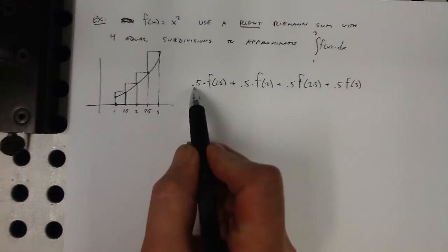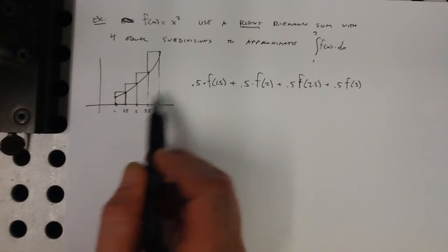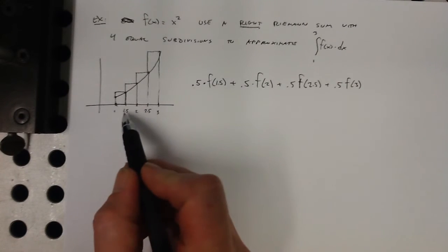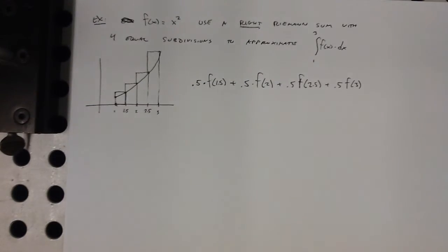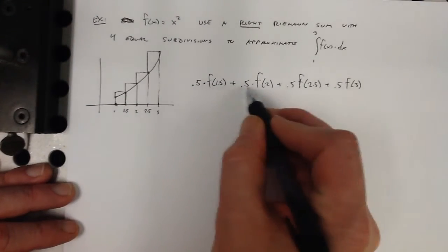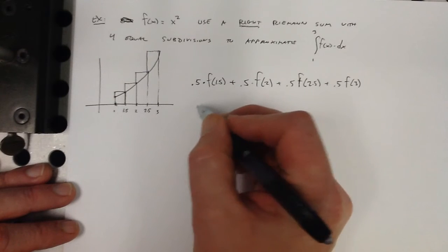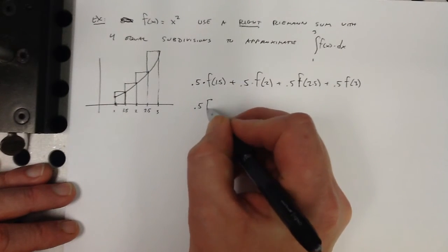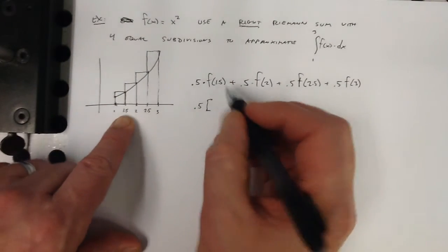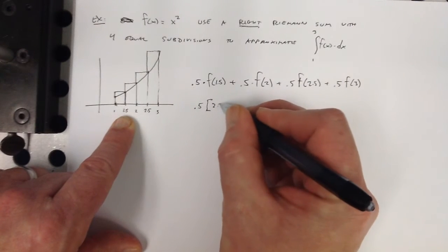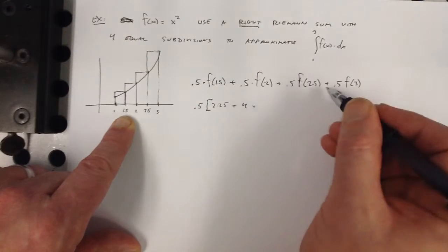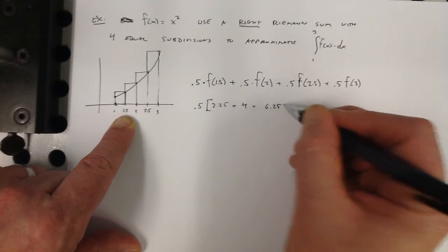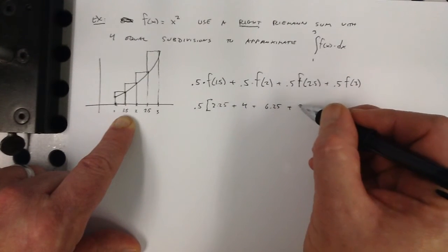That's how wide each rectangle is, and we're using the right edge of each interval to plug into the function to figure out how high each rectangle is. And if you notice there's a 0.5 in each one of those, you could factor that out if you want to. And then, f of 1.5 squared is 2.25, 2 squared is 4, 2.5 squared is 6.25, and 3 squared is 9.